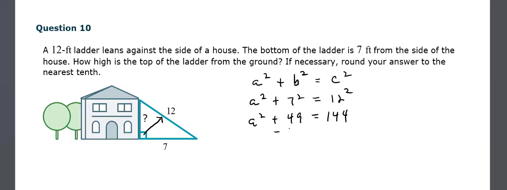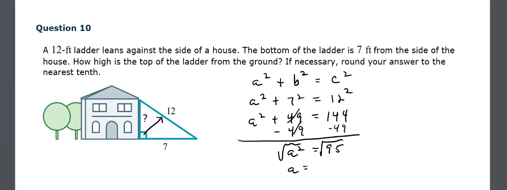We're going to subtract 49 from both sides so that we can isolate our variable. Next, we take the square root. So a would equal the square root of 95.